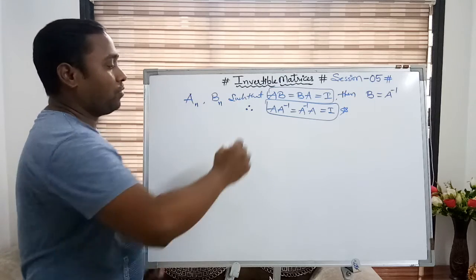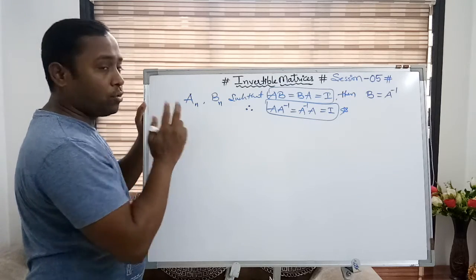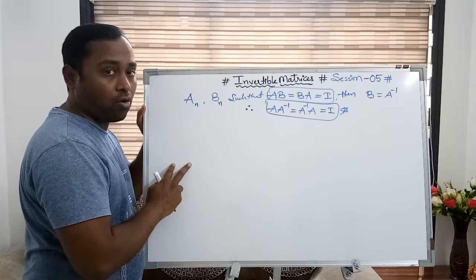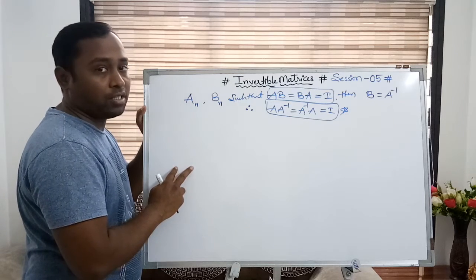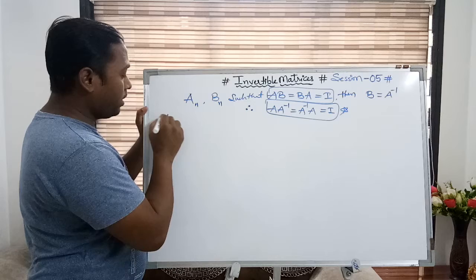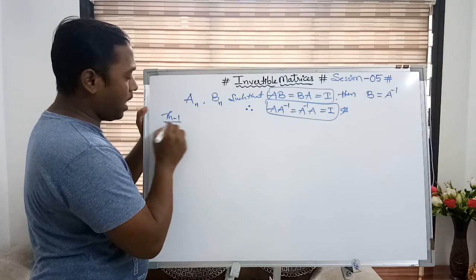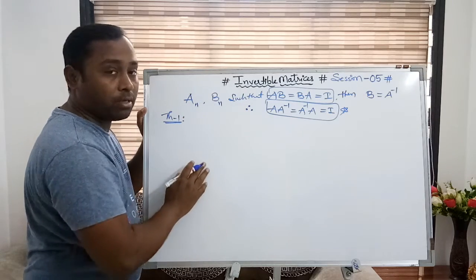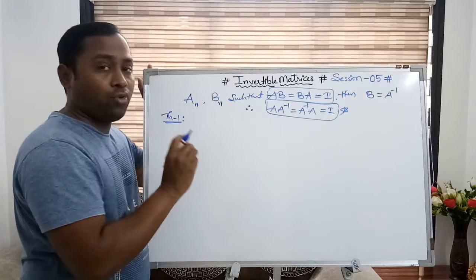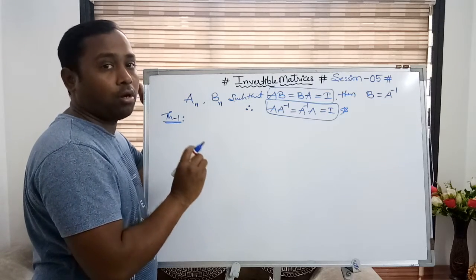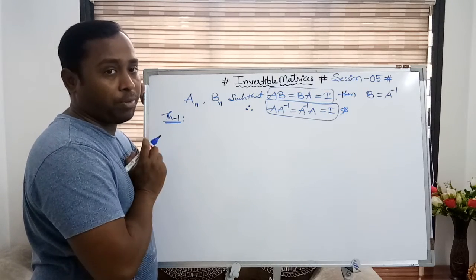After this, we are going to derive two important results, which we call the important theorems of this chapter. This theorem says that regarding invertible matrices, if the inverse exists, it is always unique. What does it mean?